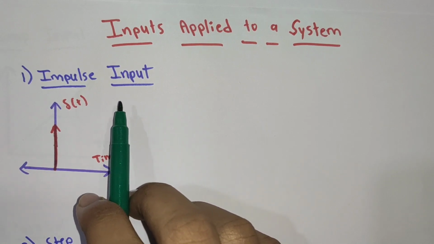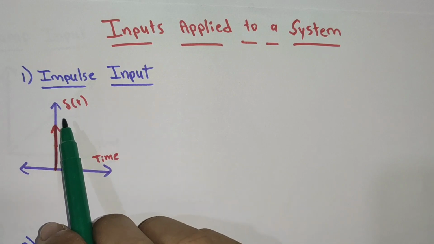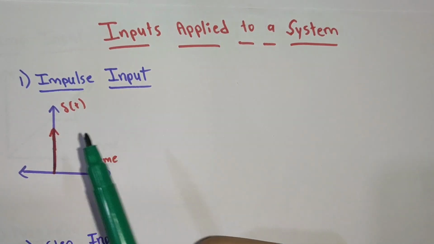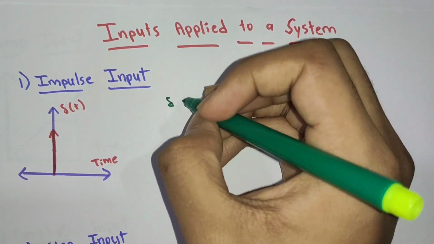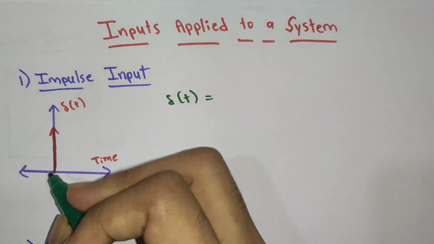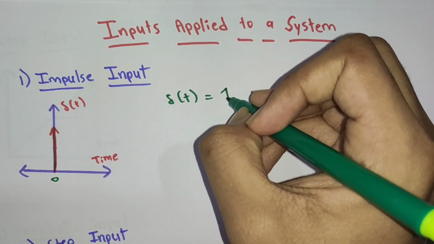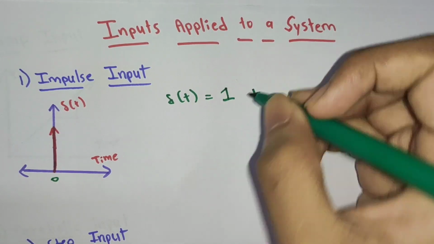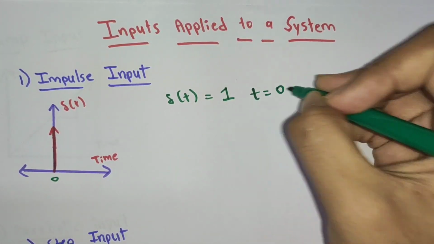Now what is an impulse input? The impulse input is represented by delta t, and the condition is that delta t will be equal to 1 at the origin, that is, if t is equal to 0.